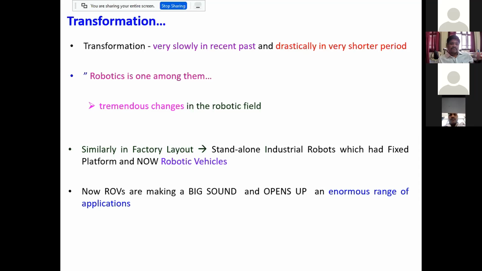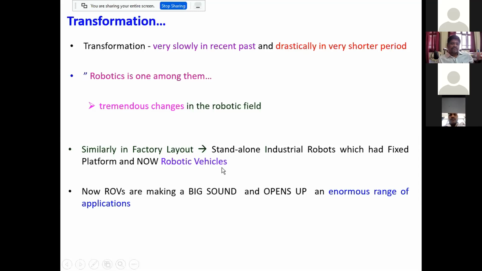Similarly, we have seen the factory layout from standalone industrial robots, which have a fixed platform in a Ford car manufacturing company. Now there are robotic vehicles, as we have seen many unmanned or remotely operated vehicles, meaning no humans on board.